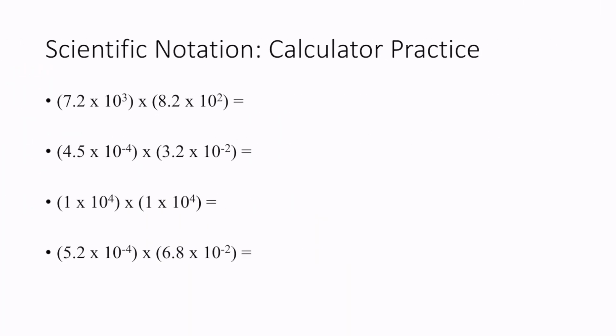I would say one of the hardest things about scientific notation is learning how to use your calculator. So when you put this into your calculator, you want to look for your exponent button. And this is going to be your scientific notation button.